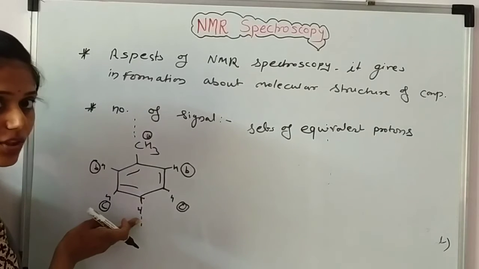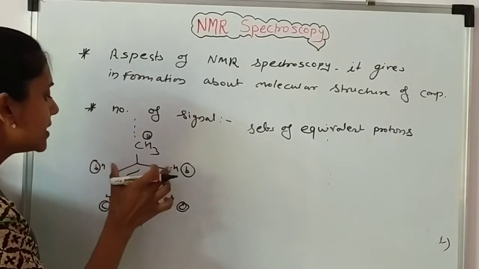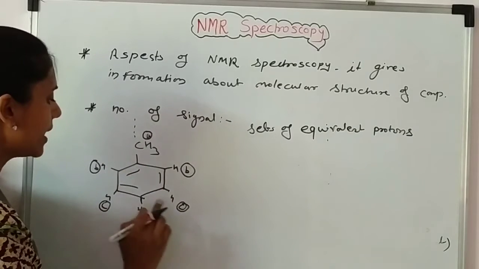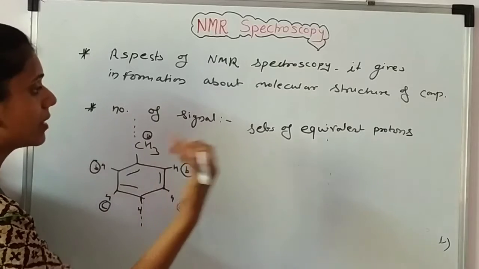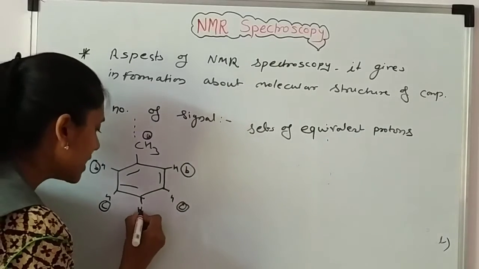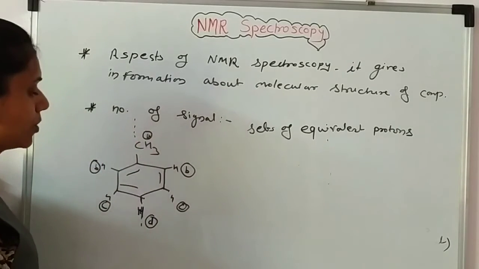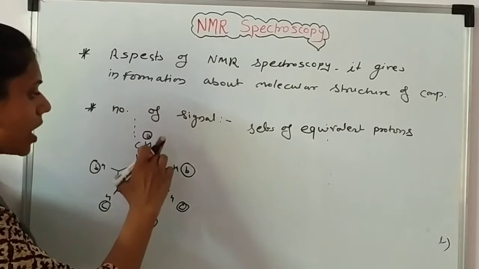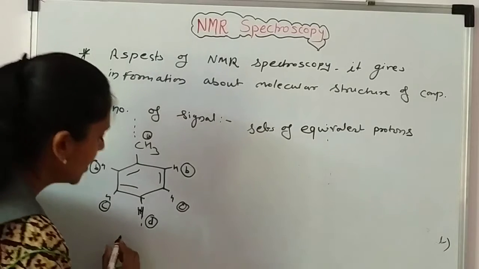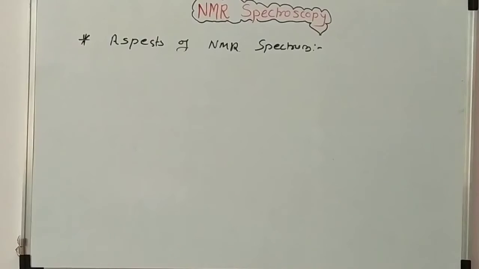There is no CH3 group. Okay, means the environment of this CH group is different from this CH. So we write down here C, that means another set of equivalent protons, and this H has a different set of equivalent protons. That means how many sets do we get? 1, 2, 3, 4. Here we get 4 sets of equivalent protons.